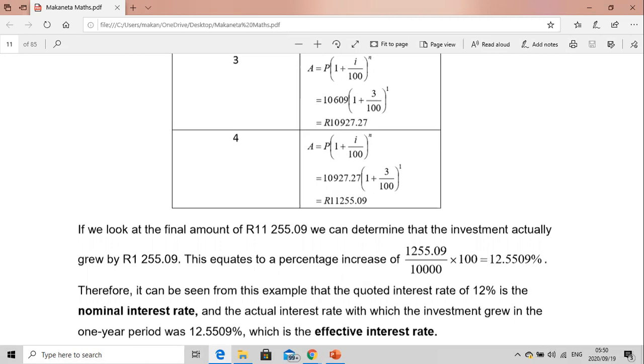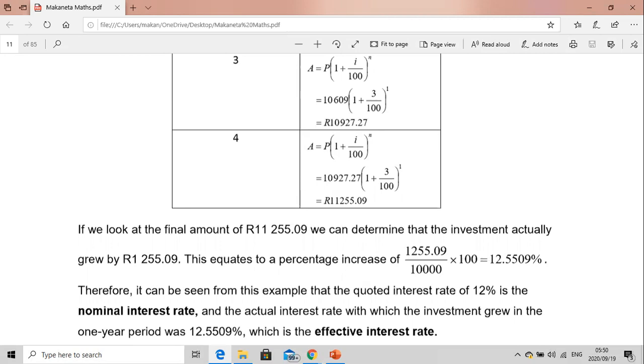Therefore, it is clear from this example that this interest rate of 12% is also known as the nominal interest rate. If anybody wants to calculate the percentage growth, you take the amount by which your investment has grown, divide it by the investment made at the beginning, and multiply everything by 100.